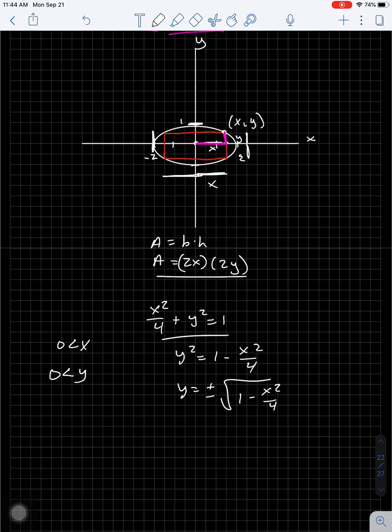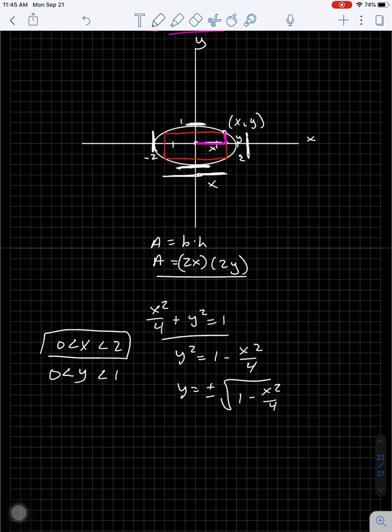The ellipse is actually bordered on the x-axis between -2 and 2, and the y values are bordered on the ellipse between -1 and 1. This rectangle can't extend out beyond the ellipse, and the ellipse is bound on the x-axis and the y-axis. So that actually gives us our bounds for our x and our y. The y is not as important, the x is, okay?